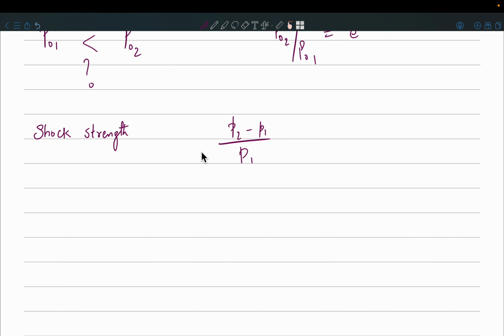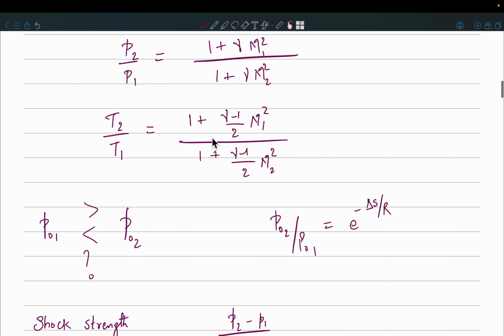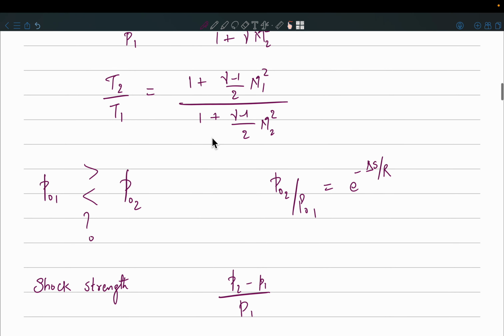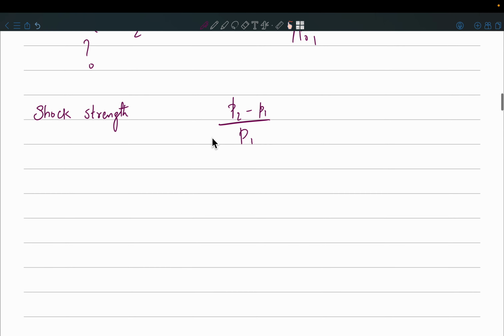But what essentially determines the shock strength is the Mach number. Higher the Mach number, and higher the Mach number difference across the shock, higher is the strength of the shock. Even this expression you can get in terms of M1, so this is going to be a function of M1. So the shock strength is higher if M1 is higher.